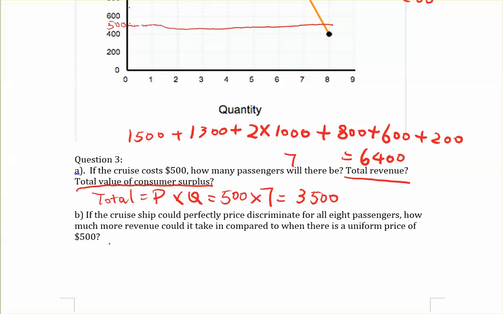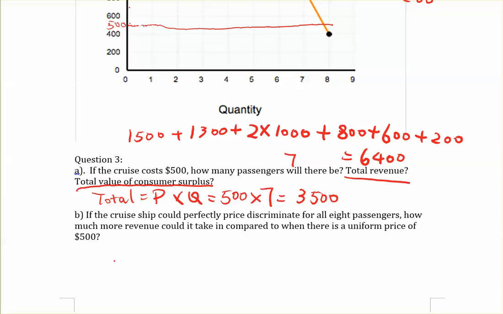You need to have a clear idea about what price discrimination is. Perfect price discrimination means the producer or business will not only earn their original total revenue, but they will also get the consumer surplus as their revenue.